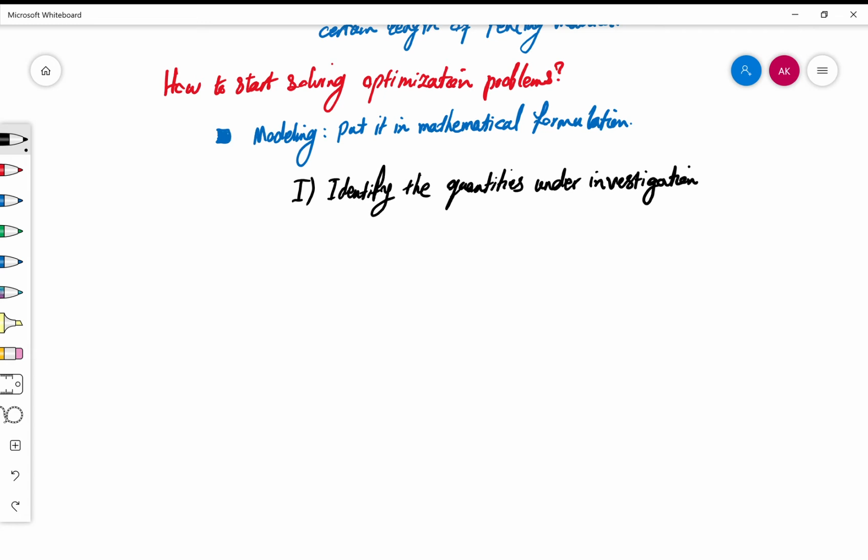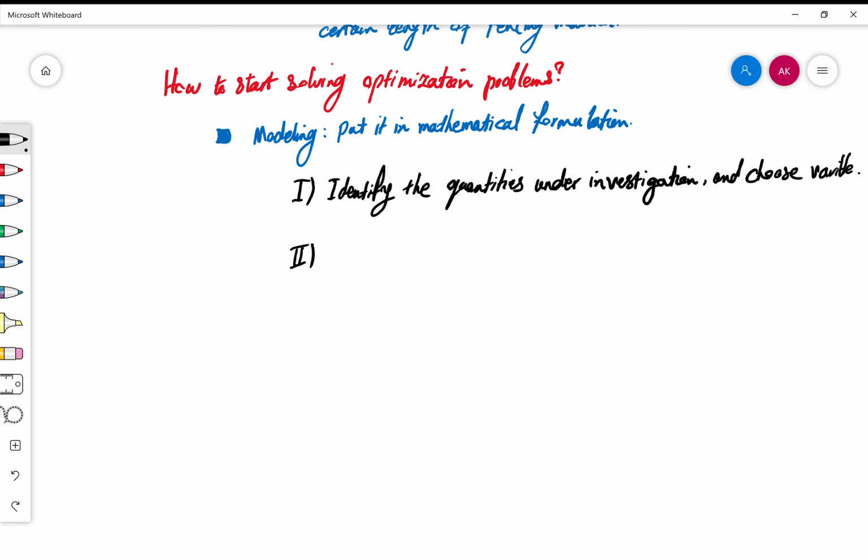The length or width of the rectangular area you want to make, whatever. And the important thing is to assign and choose variables. For each one, you choose a variable. Well, put width x, length y, area A. That's the first step. You have to start identifying what kind of animals you're working with.